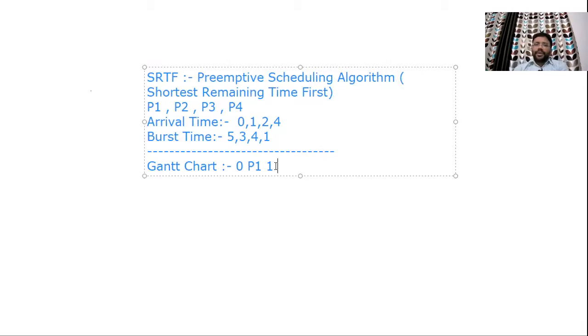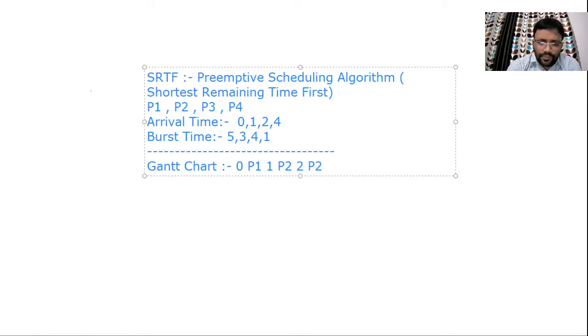Now P2 has arrival time 1 and burst time 3. It is the minimum among all the processes, because P1 has 4, P3 has 4, and P4 has 1, but P4 arrives at time 4. So we take P2, and it runs from 1 to 2, and its burst time becomes 2.